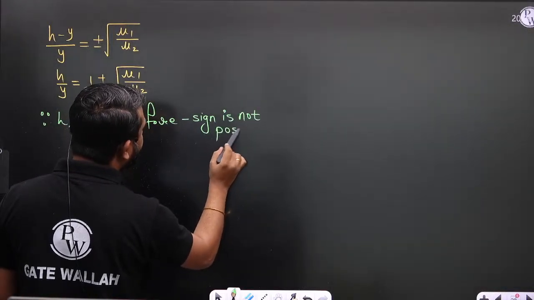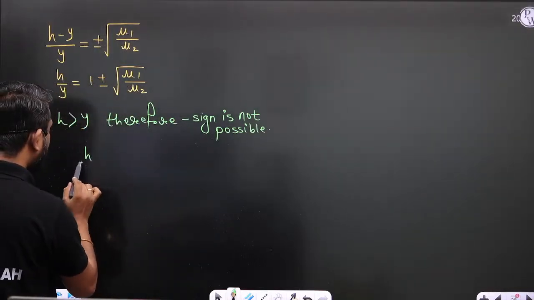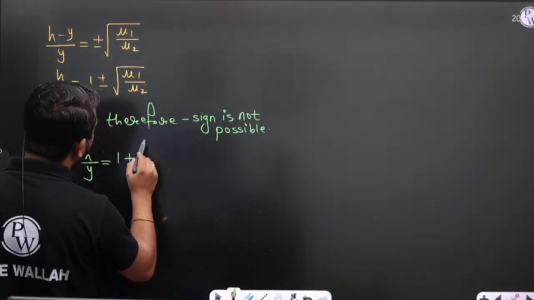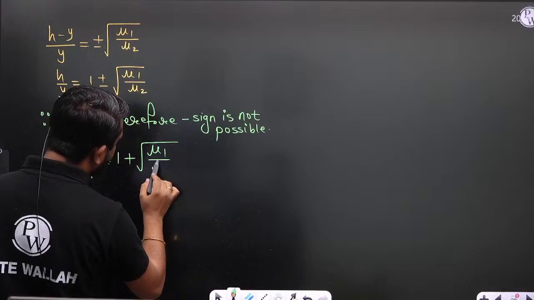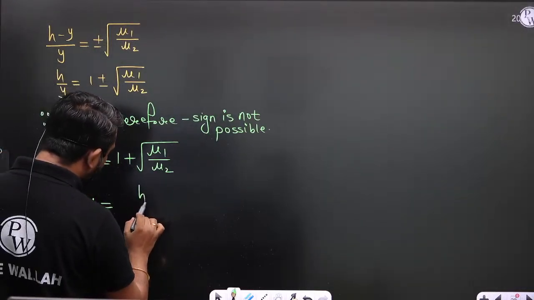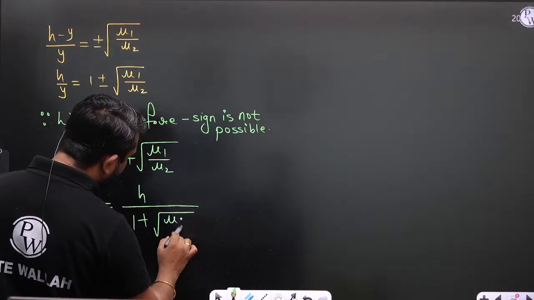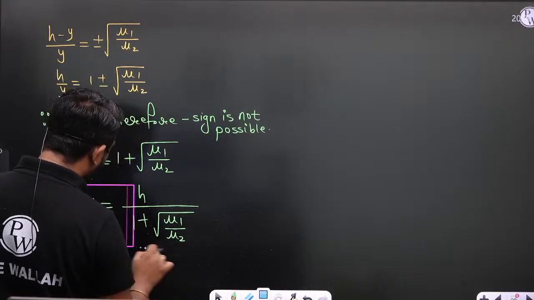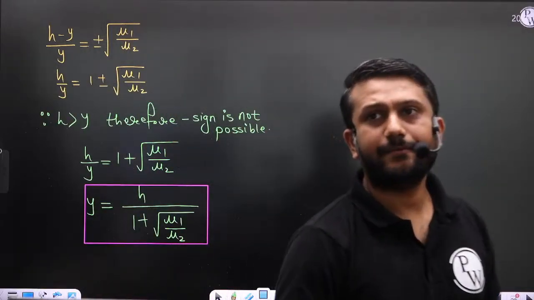And since minus sign is not possible, we can write H by Y is equal to 1 plus root over mu1 by mu2, or we can say Y is equal to H upon 1 plus root over mu1 by mu2.